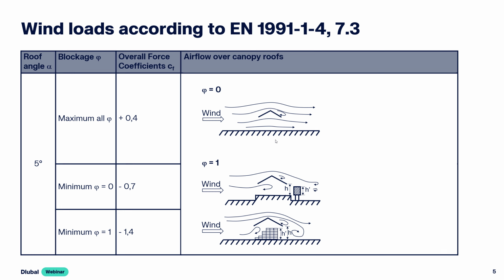The focus is on the force coefficient CF. This is used to determine the resulting wind force for the design of the structure. The net pressure coefficient CP net, also included in the table, is not shown here as it is not required in this example.